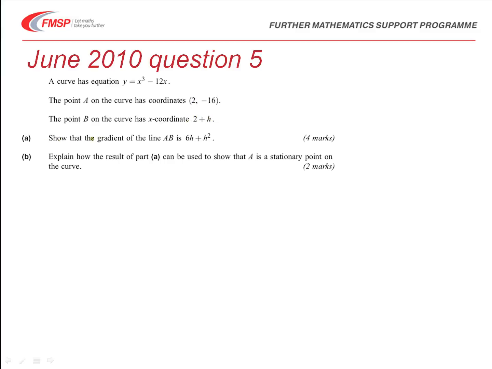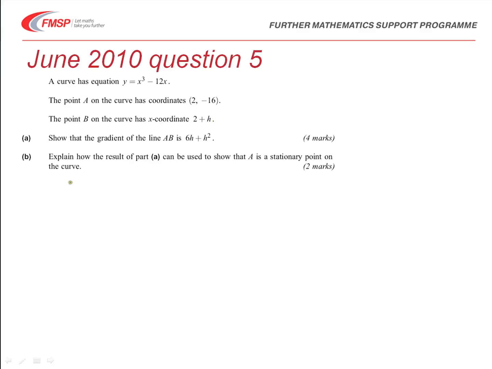So in part A they're asking us to show that the gradient of the line between points A and B is 6h plus h squared. So there's two parts or processes that we need to go through. Firstly, for the coordinate B, we need to know its y coordinate.